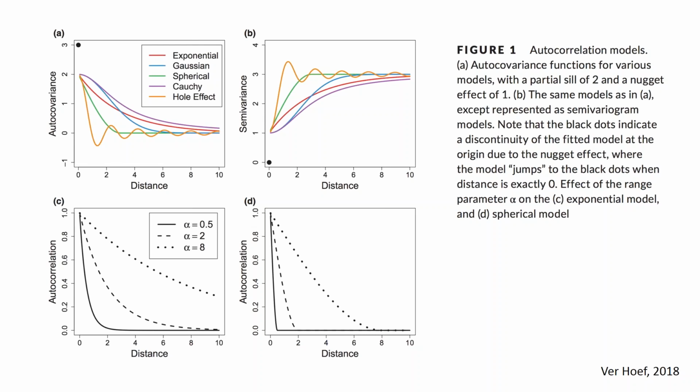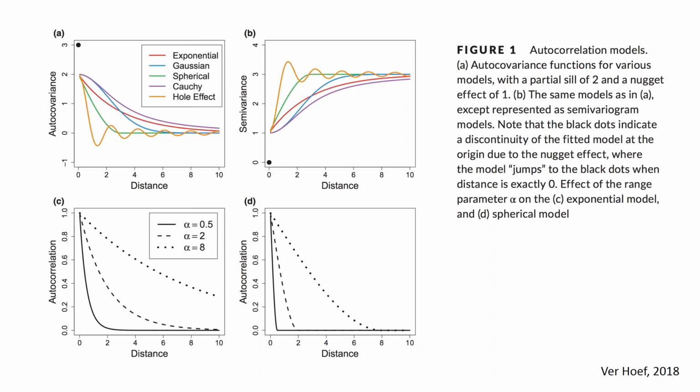You can think of a variogram function as sort of the opposite of a covariance function. Because if you take that maximum, they call it the sill, so 3 there is the maximum variance. Basically, if two points are far enough apart that they're independent, then the variance between them is going to be about 3.